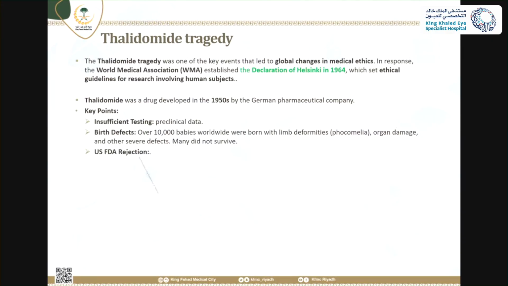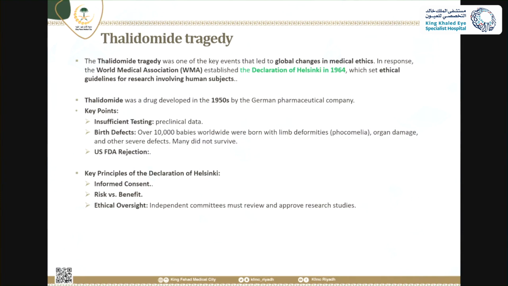The good news is that the USA rejected this drug. The United States did not approve this one. However, Canada, Germany, UK, France approved this drug. But the outcome was very, very harmful for the women themselves and the babies as well.